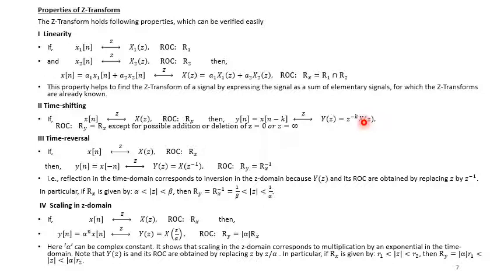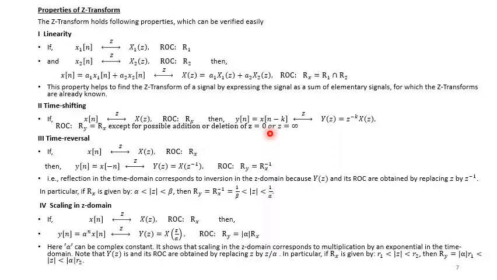Then again comes the question, what will be the ROC, or what effect it will have on the ROC of the original signal? The resulting signal will have an ROC equal to the ROC of the original signal, except for the possible addition or deletion of z equals 0 or z equals infinity. I hope you are very familiar with these two properties, as they are quite straightforward.